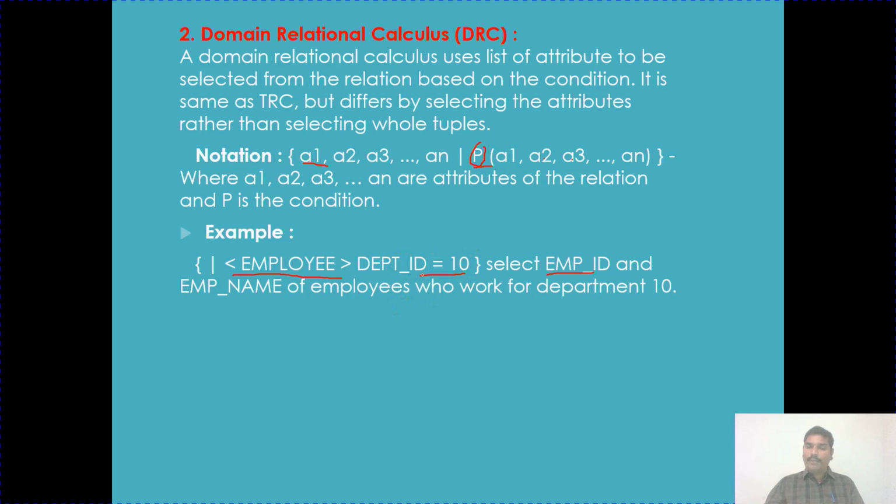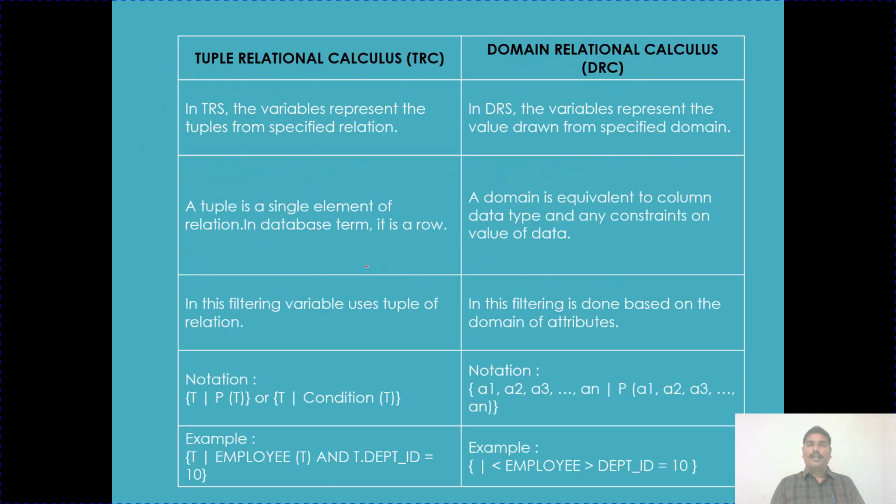We only need the employee ID and the employee name of department 10. This is the domain relational calculus.